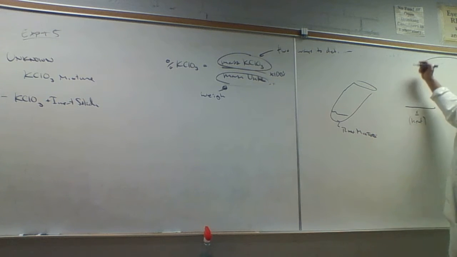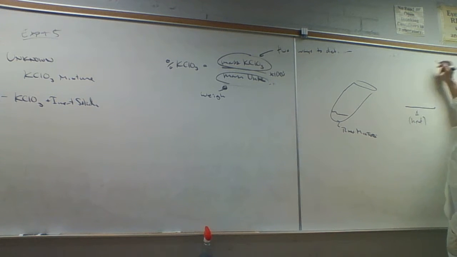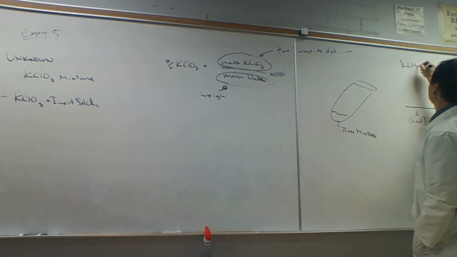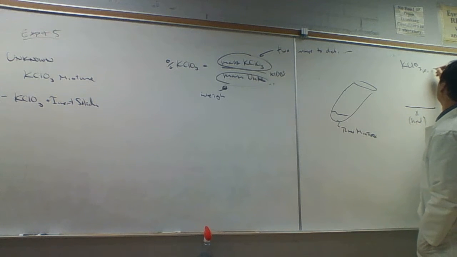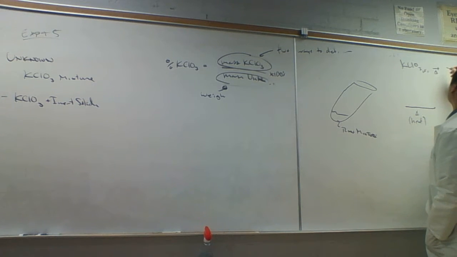The inert solids won't. When the KClO3 decomposes, you have KClO3 solid with some heat and some catalyst. The catalyst is just there to speed things up. That's MnO2. The MnO2 doesn't really participate in the reaction in the sense that it's consumed or produced. It participates as a catalyst. When we heat, we end up forming KCl solid plus 3/2 O2 gas.